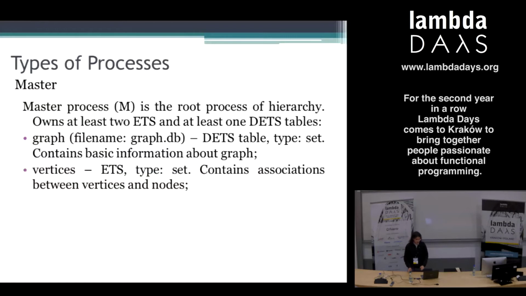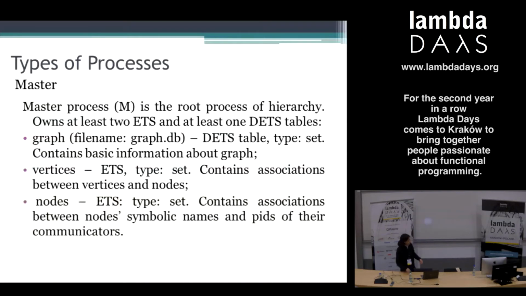It contains associations between vertices and nodes, I mean computing nodes, where vertices are allocated. And nodes. This is info about our computing nodes. It's also of type set and contains associations between the nodes' symbolic names, usually atoms, and PIDs of their communicators, because the communicator is the root of a computing node.